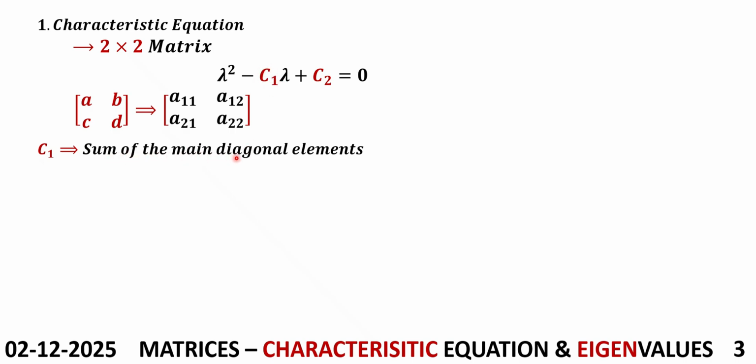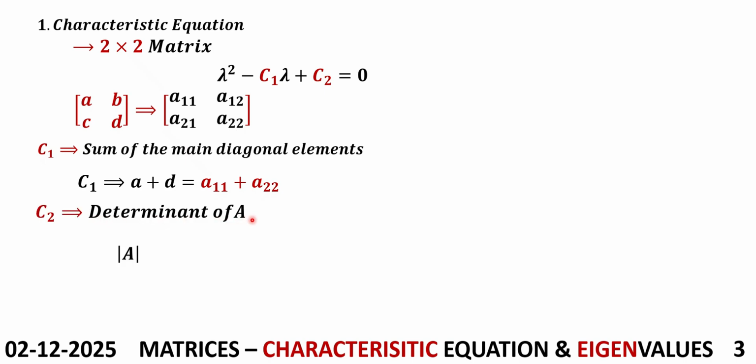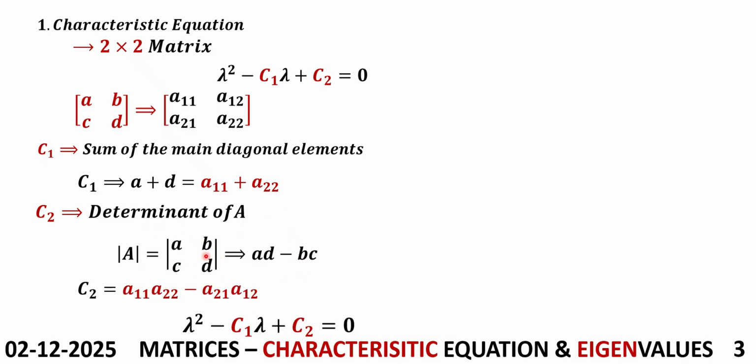C1 is the sum of the main diagonal elements, that is A11 and A22, which we have written as A and D, so C1 is A plus D. And C2 is the determinant of A, which can be obtained as AD minus BC. That is, first multiply the diagonal values A and D, and then multiply the other diagonal values B and C. Once we know the values of C1 and C2, we can substitute them in the characteristic equation and solve it to find the eigenvalues.